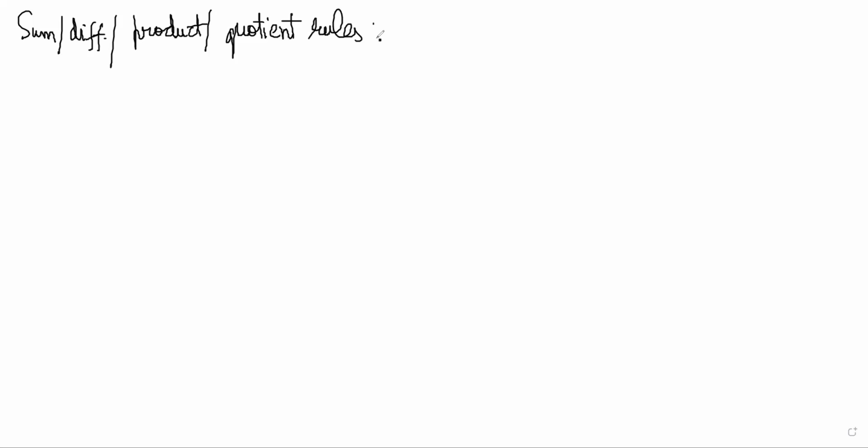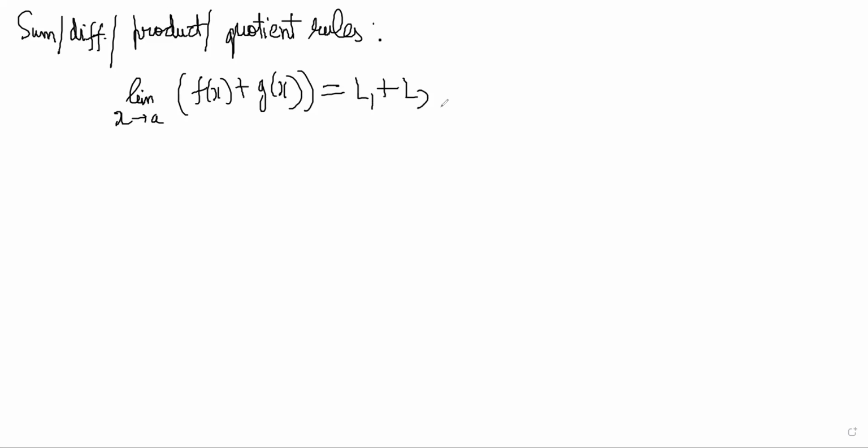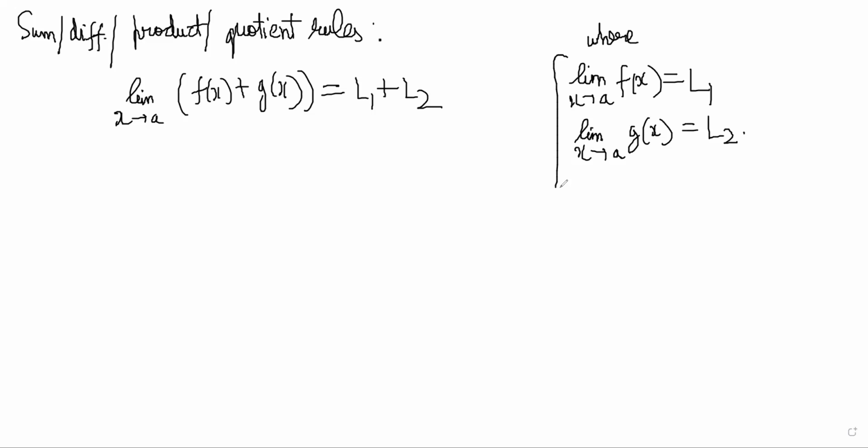So basically, limit of x tends to a of fx plus gx is simply going to be L1 plus L2, where limit of x tends to a fx is L1 and limit of x tends to a gx is L2, right? So the limit value will be the sum of the limiting values of each of the functions.